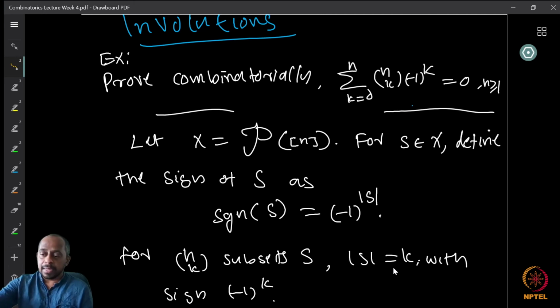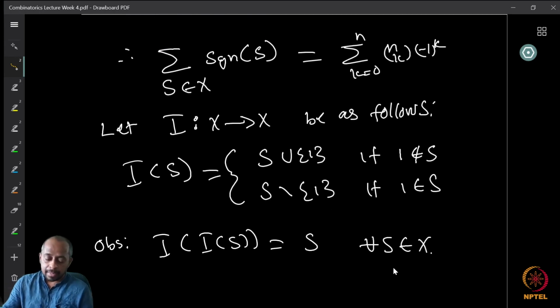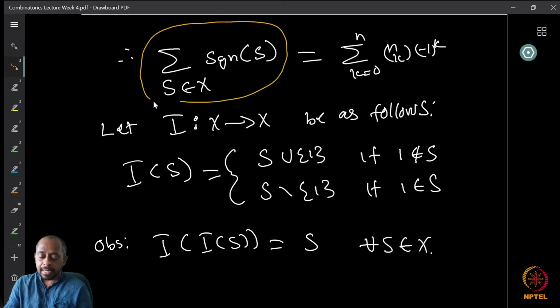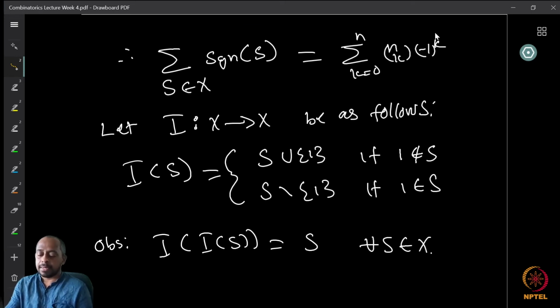So we have n choose k subsets with the sign (-1)^k. So the sum that we were looking at, the summation over all elements S in X of sign of S, is precisely the summation for k equal to 0 to n of n choose k times (-1)^k.